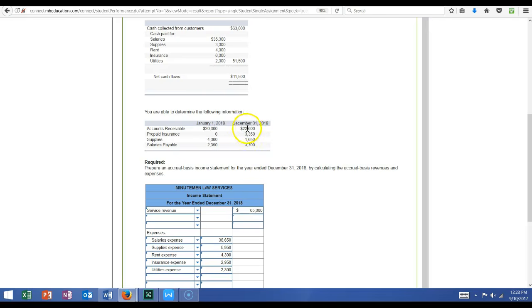Now it's gone up to $3,350, which means some of the $6,300 of insurance was for insurance paid in future years, which we're not going to write off as insurance expense this year because it's for future years. So we take the $6,300 minus the $3,350, because what that tells me is some of that $6,300 was in this prepaid insurance.